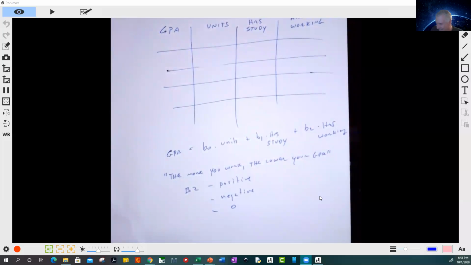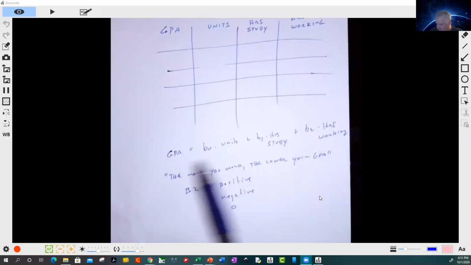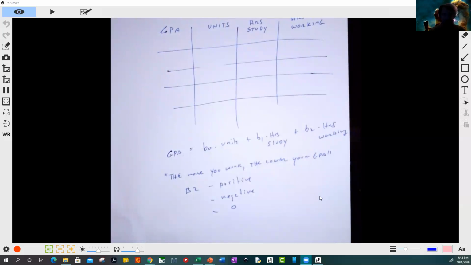Richard, change your mind. Okay. The more you work, the lower your GPA, right? So there's something that you multiply by the hours working, which has the same units of GPA, right? So Dan says negative. May I ask Dan why? Because when you increase the number of hours, your GPA goes down.